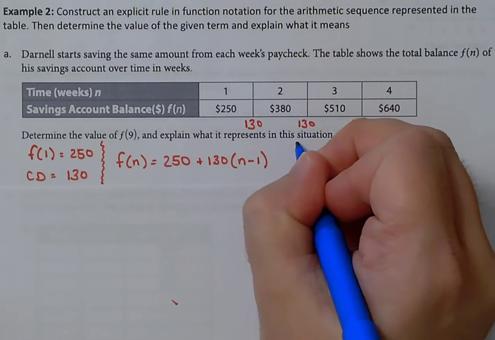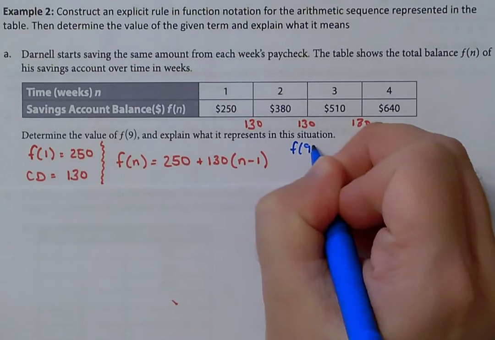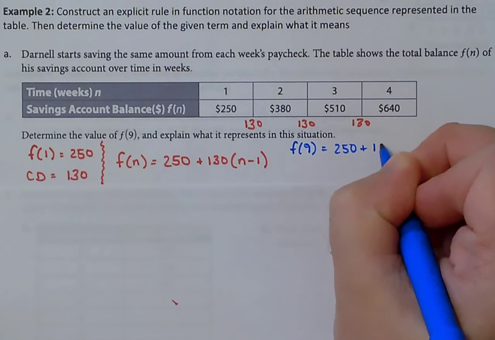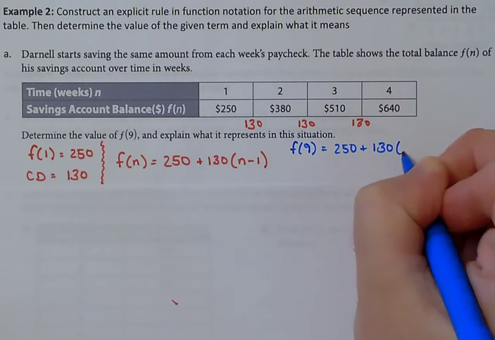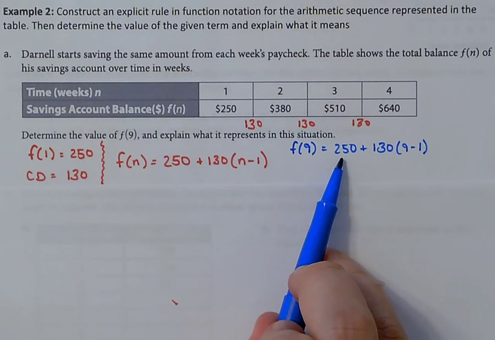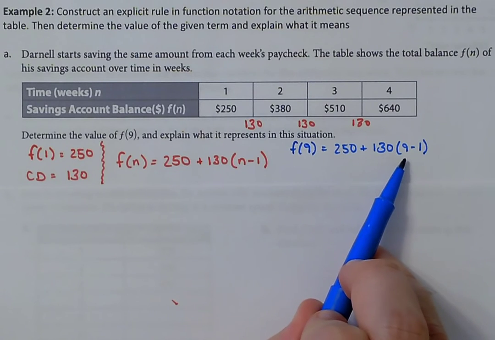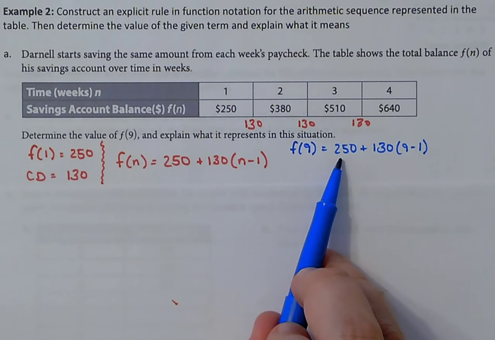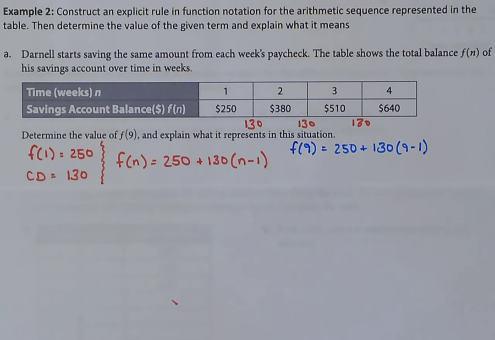If I plug in 9, we have f of 9 equals 250 plus 130 times 9 minus 1. So we're going to have 250 plus 130 times 9 minus 1, or 8. So we're going to do 130 times 8 plus 250.